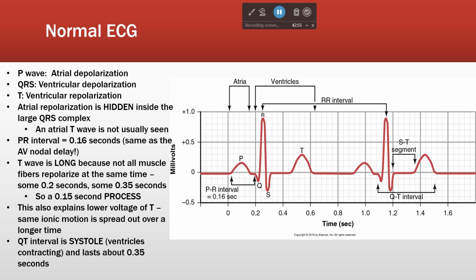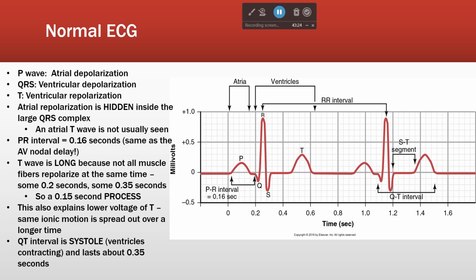The Purkinje fibers, the bundle branch, and the AV bundle, very rapid conduction. So we get a very narrow curve that's very sharp. Then this ventricular contraction is occurring here. So this is depolarization, contraction. Then the T wave is ventricular repolarization.